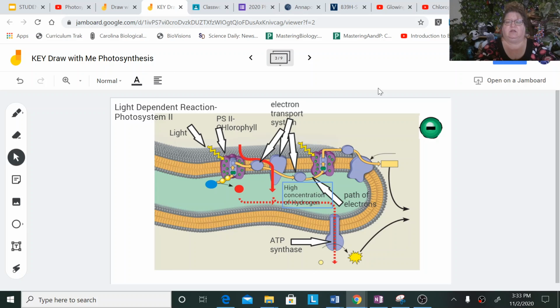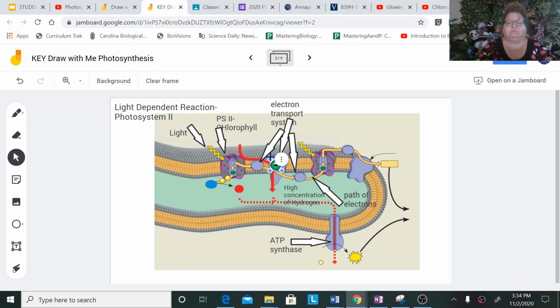While we have it here, notice I'm going to show you this little electron. And let me make that a little smaller here. This electron is going to be in chlorophyll, and I'm going to show you while you're on this slide. This electron is going to get excited by light energy, and it's going to bounce from one molecule to the next molecule in the electron transport system.